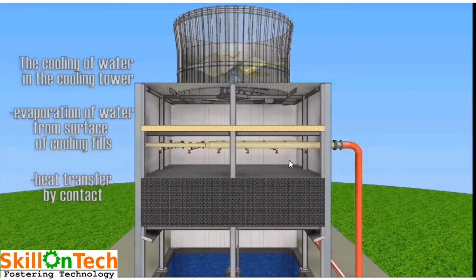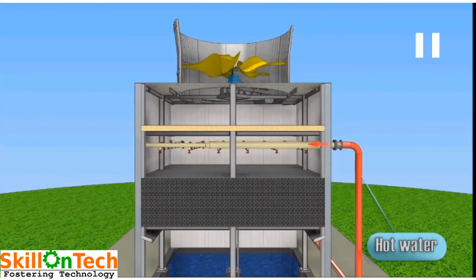So in this area, water is completely spread over the PVC fills first, and then after distribution of complete water, the induced draft fan is started for flowing air through the PVC fills area.